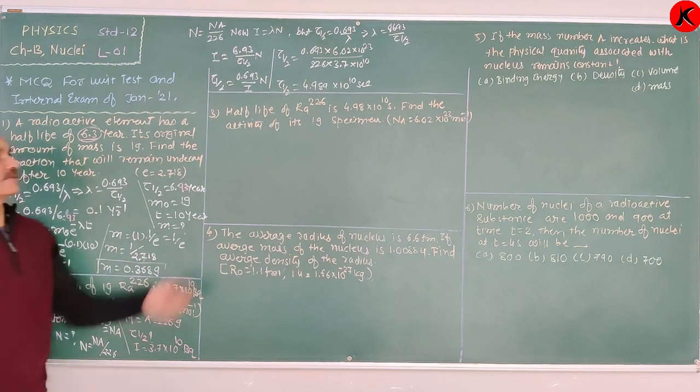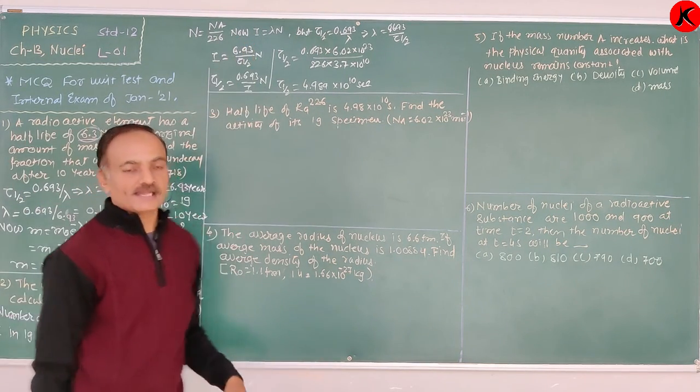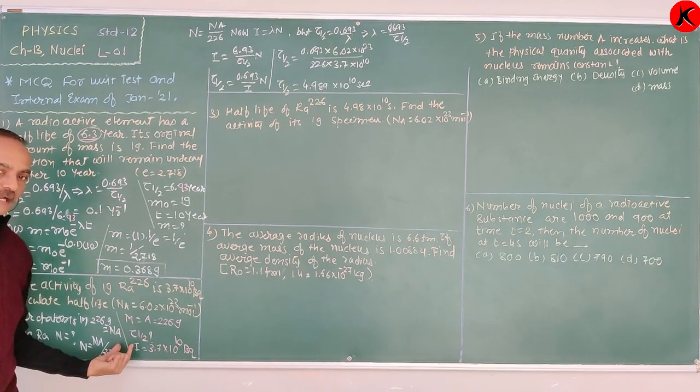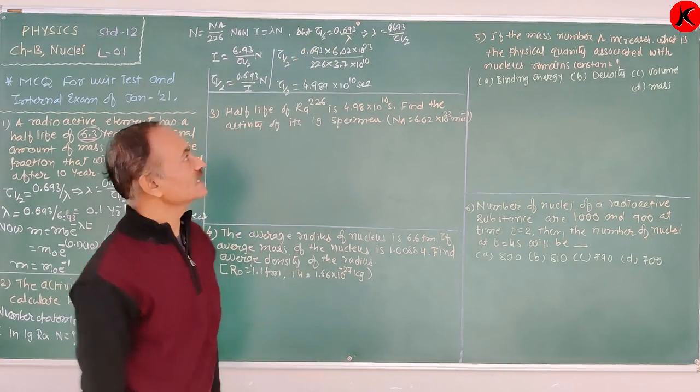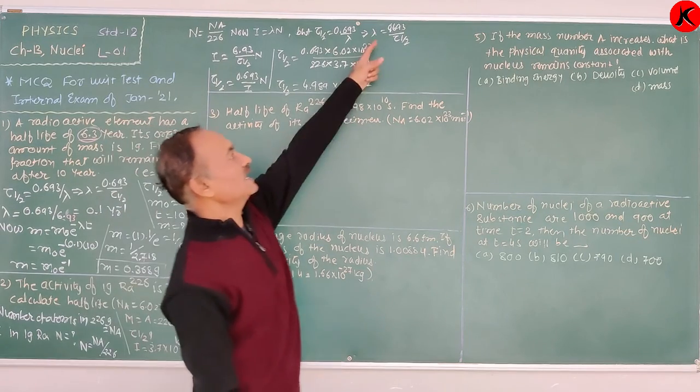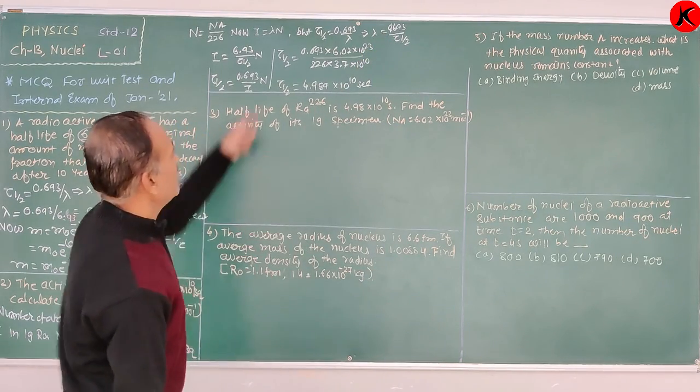Now we know the equation of the activity, I is equal to lambda N. Lambda is not given. We have to find out the tau half. Therefore, tau half is equal to 0.693 upon lambda, so lambda is equal to 0.693 upon tau half.